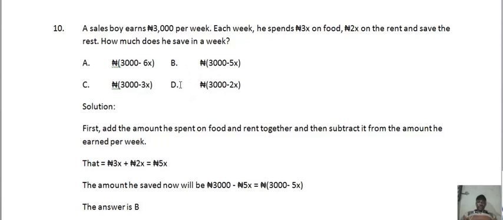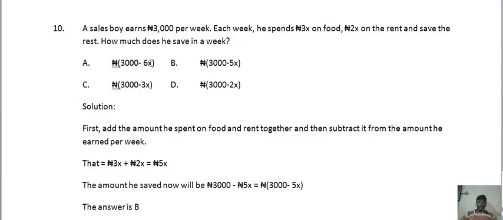So we are going to look at which one is the correct option. Is it A or B or C or D? Don't be surprised, because some of you might be imagining, why don't you just subtract 3,000 naira minus 6x?